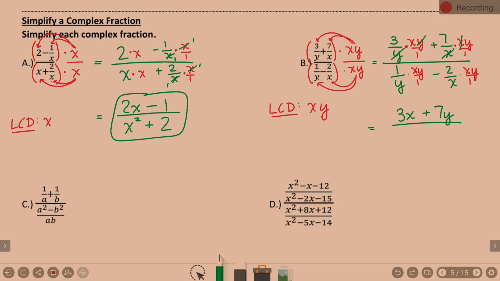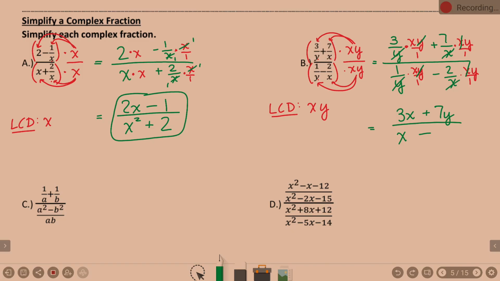Repeat in the denominator. 1 over y times xy over 1. What cancels? A y cancels, leaving me with 1 times x, or in other words, x. Minus, I just copied my minus sign down, 2 over x times xy over 1.